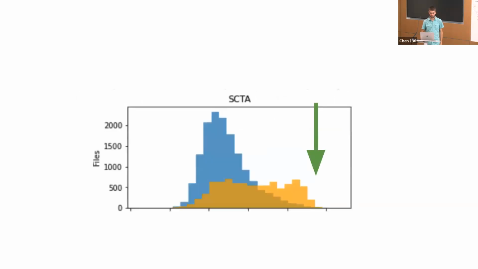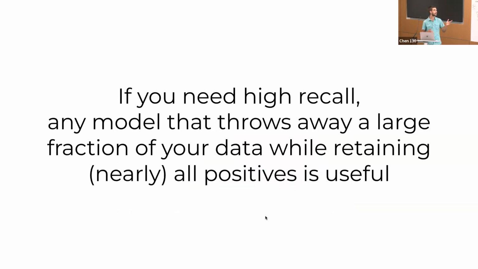Right. So this is an example of like a really bad model where it might still be really useful if all we need to do is detect something is there or not, because we can go out to these highest scoring clips, and if we listen to a few of them, we're going to detect the thing we're looking for. On the other hand, if you need high recall, what's the worst model that's useful?